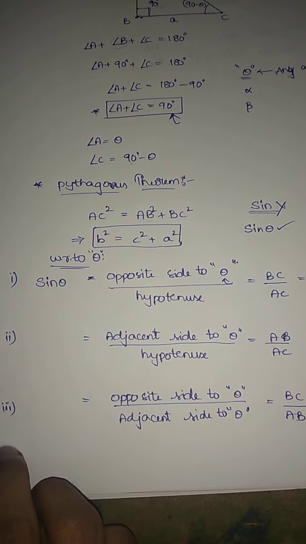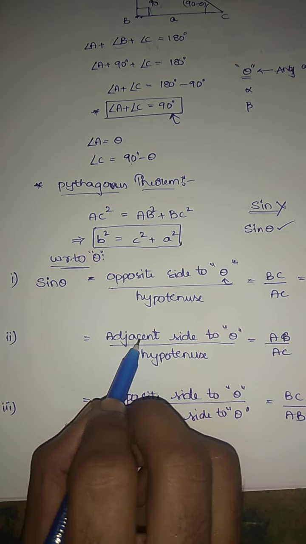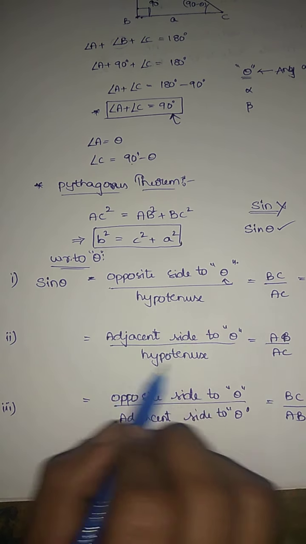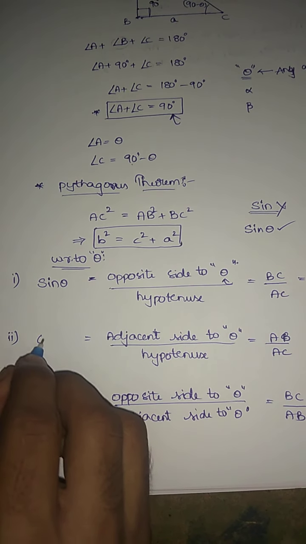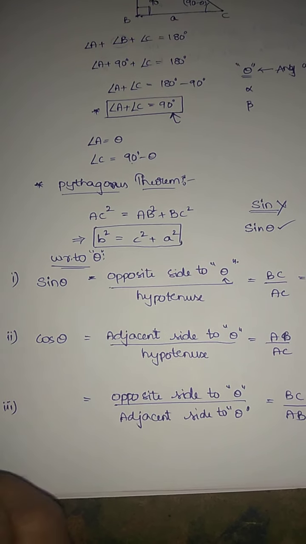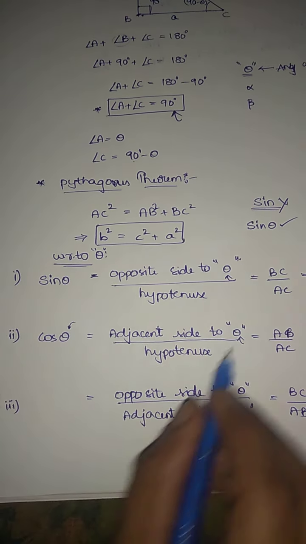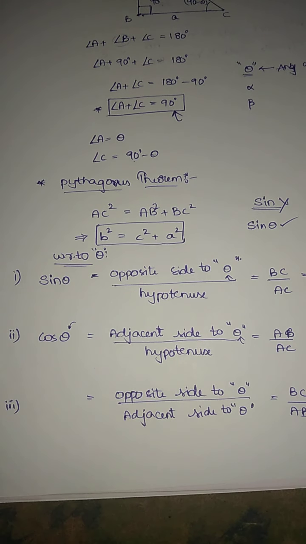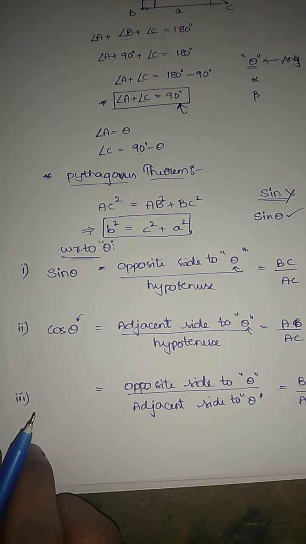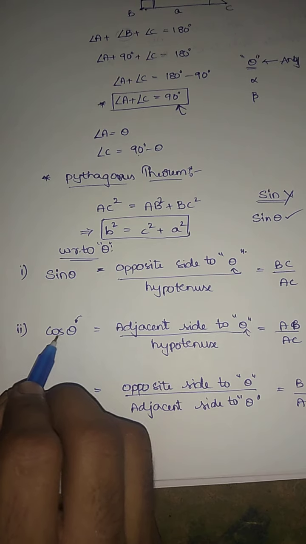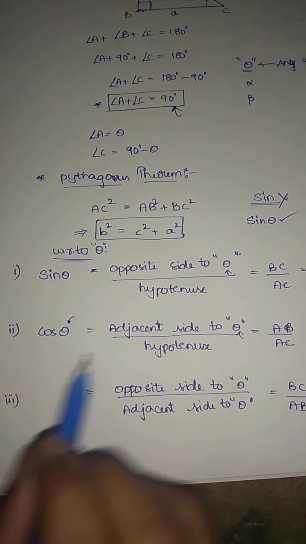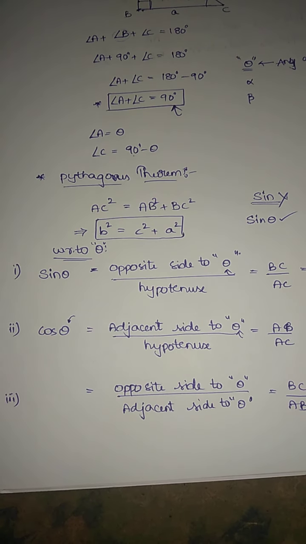If I find anywhere this ratio, adjacent side to theta by hypotenuse, I can replace it with cos theta. Because the angle here is theta, I am writing theta. If it is 90 minus theta, again I am going to write 90 minus theta. Okay, got it? So cos theta is nothing but adjacent side to theta by hypotenuse.